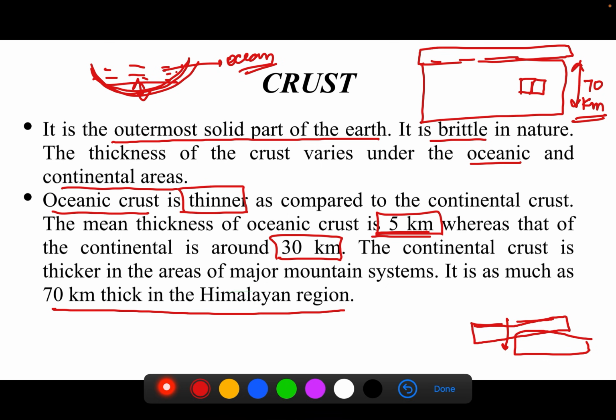That is what we will call crustal thickening. We will understand it in the Indian geography part, but for now it is only important to understand that there can be two types of crust, oceanic crust and continental crust. Let's move forward.